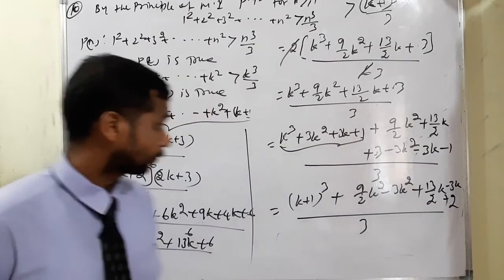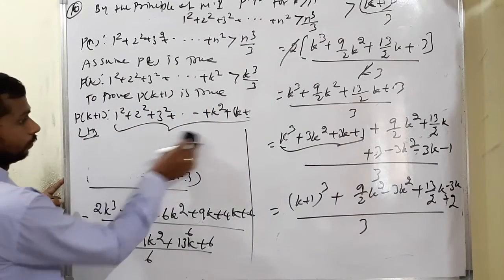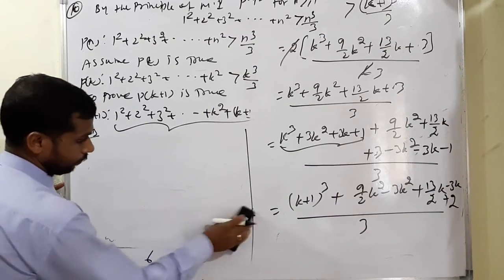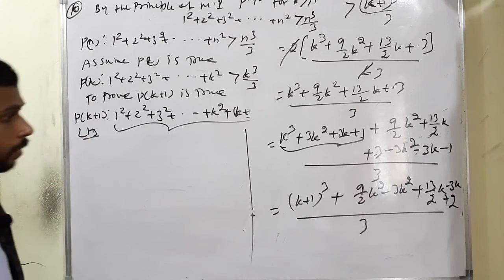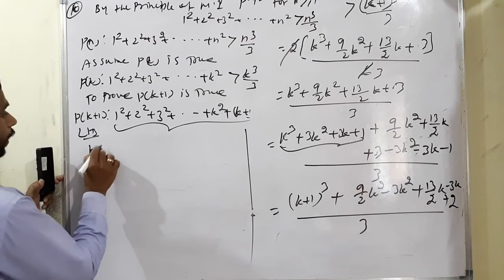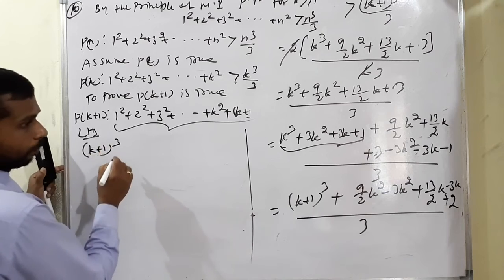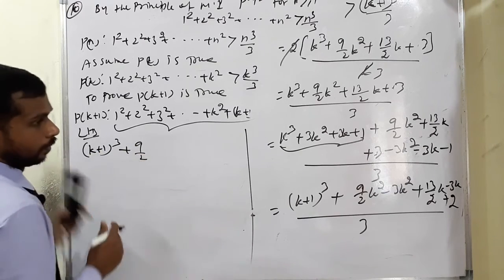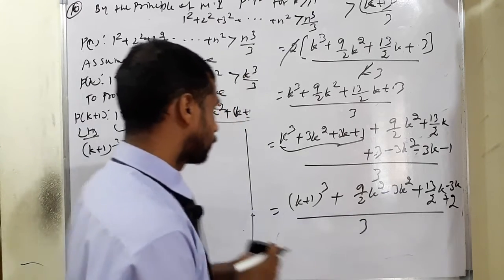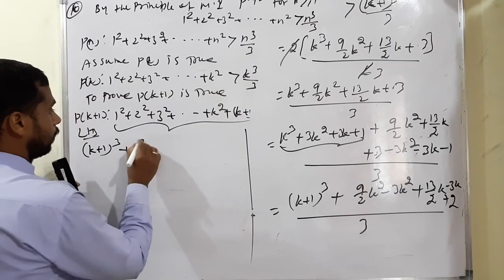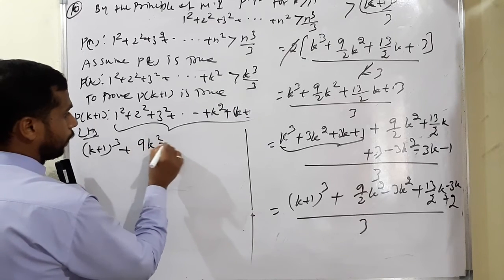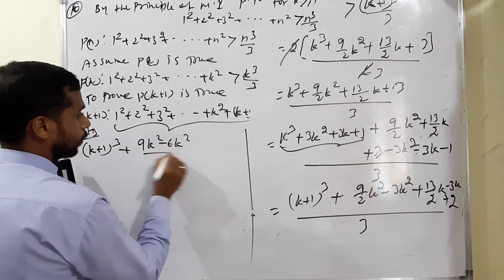Now, k plus 1 the whole cube plus, simplify now: 2 into 3k square means 9k square minus 6k square divided by 2.